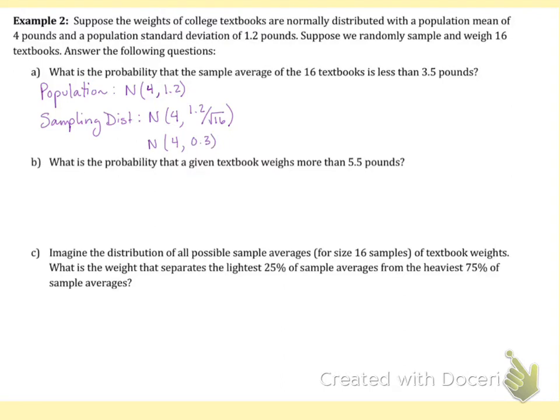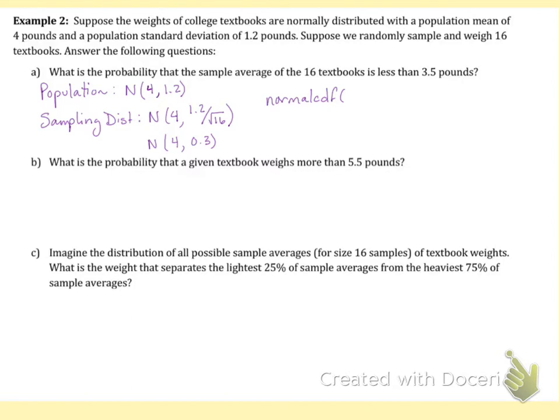So now for part A, it says, what is the probability that the sample average of the 16 textbooks, which means it's asking us to use the sampling distribution, is less than 3.5 pounds? So we'll do normal CDF.